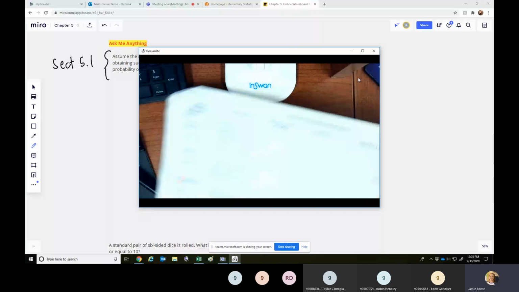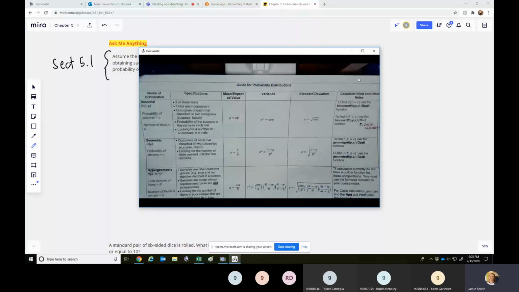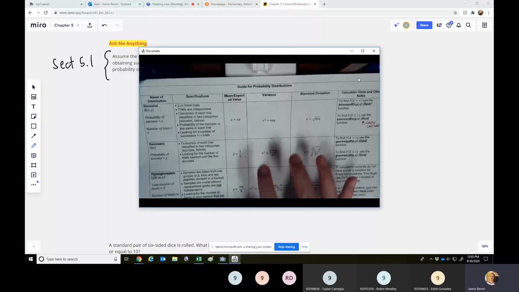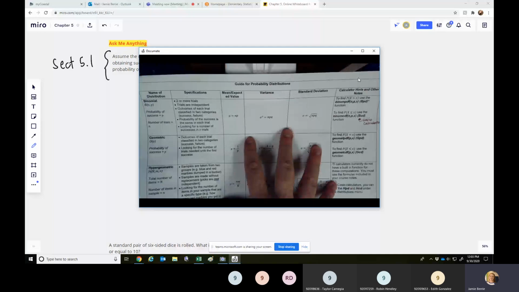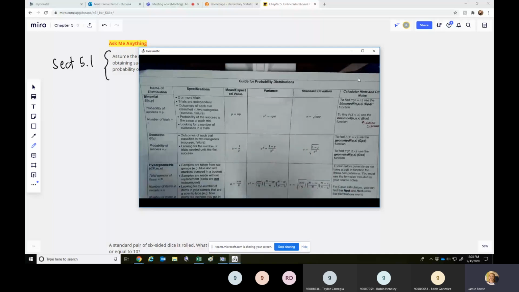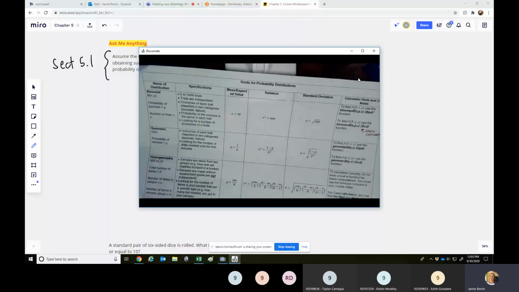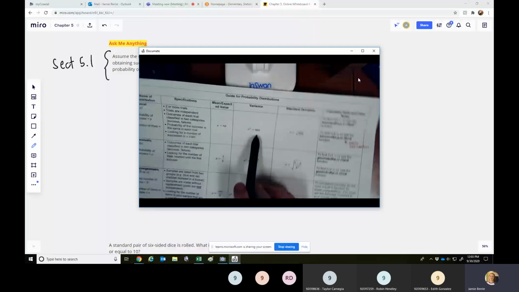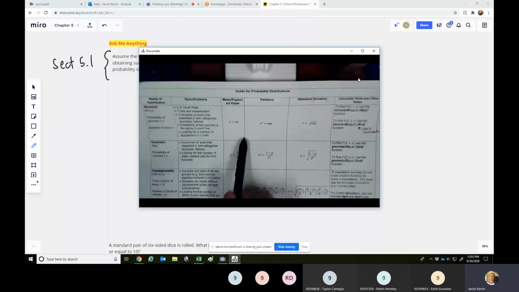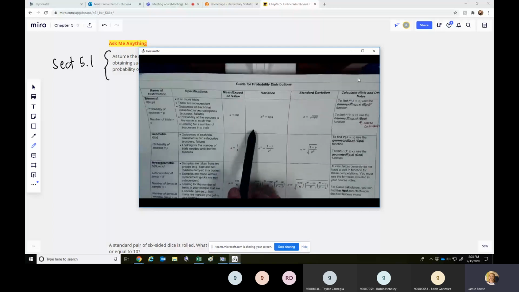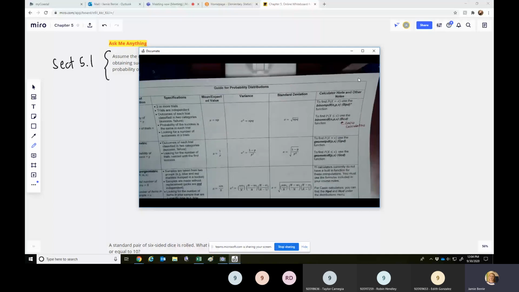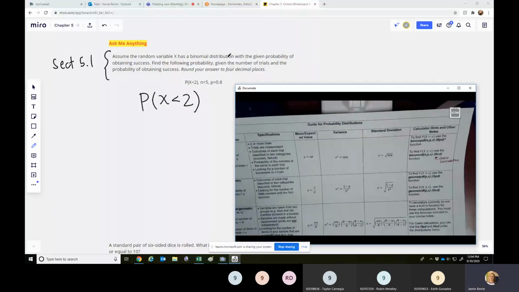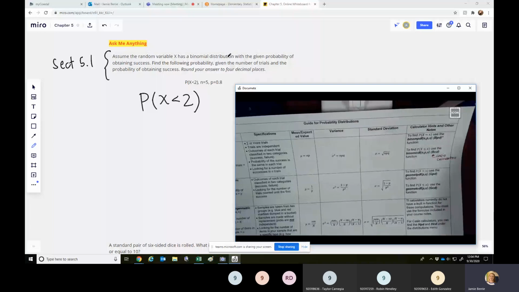So I went in, and every question on the quiz has a clickable link so that it'll pull this table up, and you can just scroll through it while you're in the quiz. So you do not have to print this out. It'll be available through a clickable link in the quiz. So it told us in the problem that this was a binomial random variable, so we know we're going to be using this binomial row.